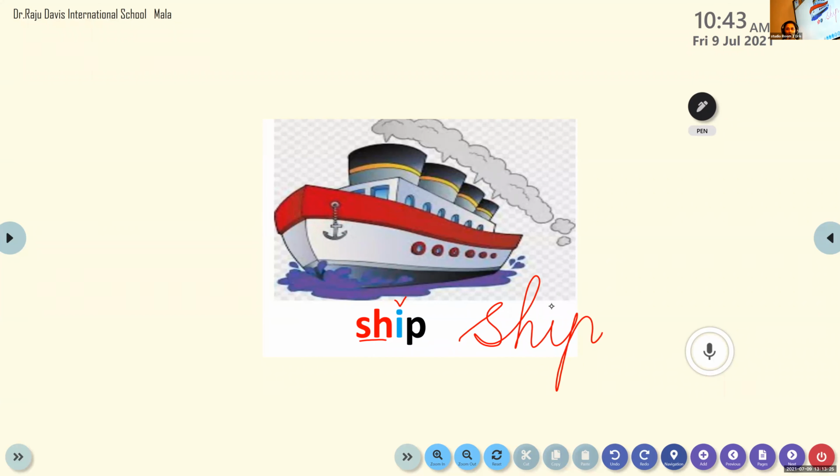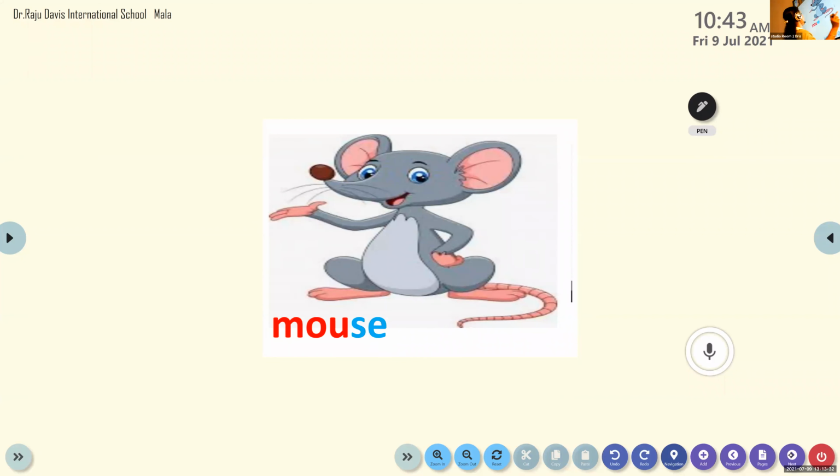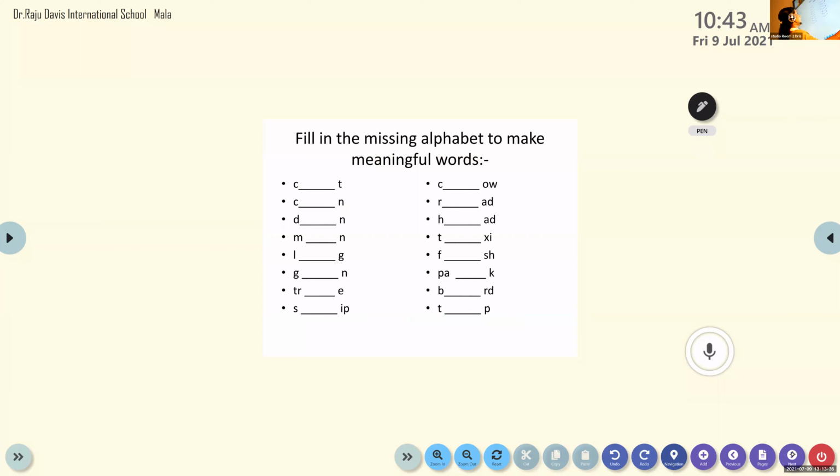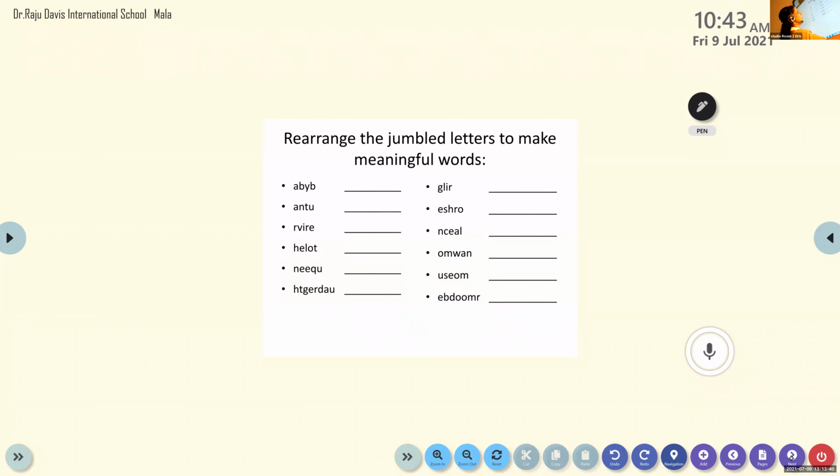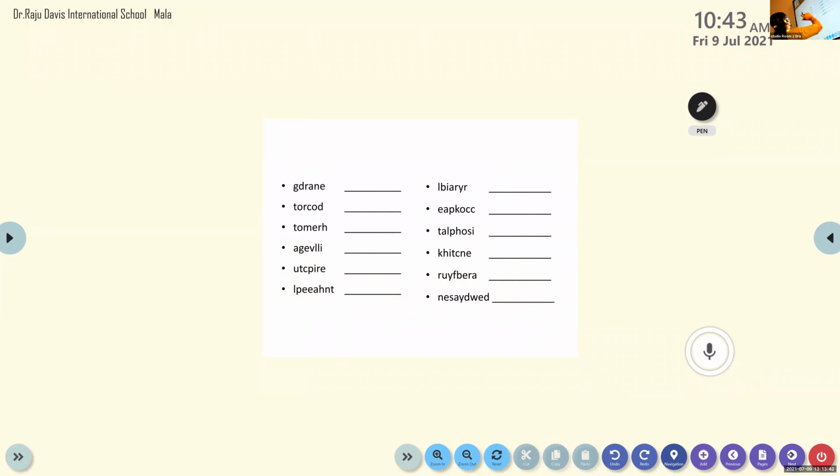Now, let's move on to words with more than one syllable. All of you, please have a look at it. Now, we have completed this exercise. More than one syllable words, I'll show you.